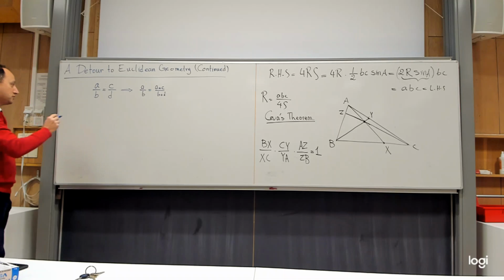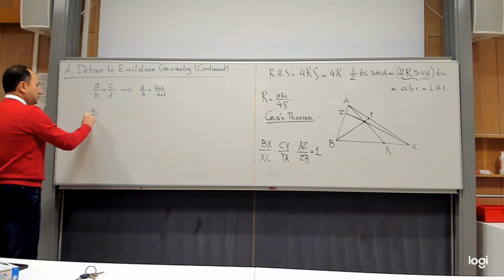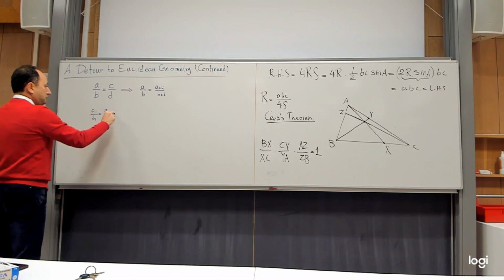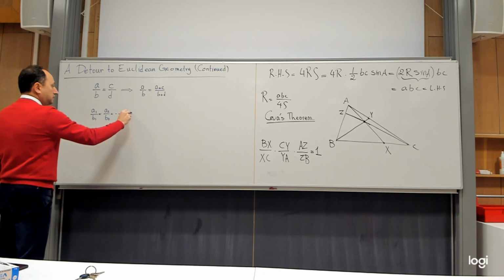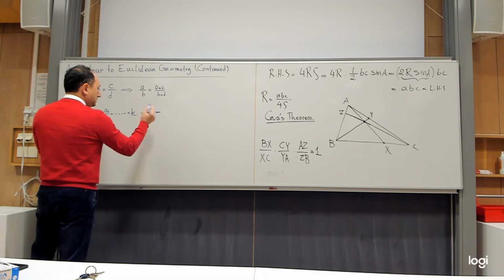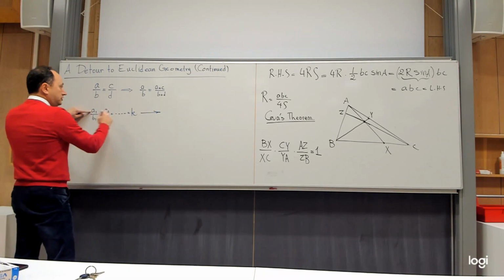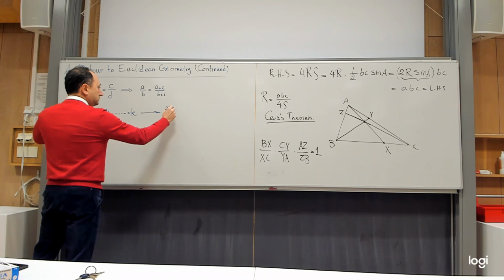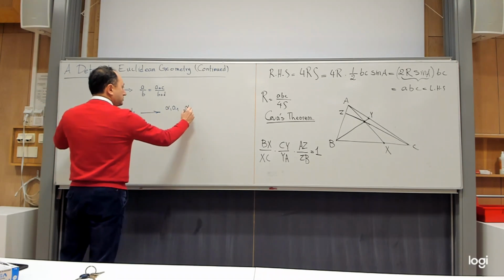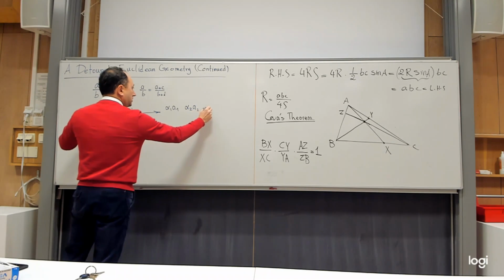Do you remember I told you that if you have A1 over B1, A2 over B2, up to, and all of them are equal to some number K, if you want to, you can multiply the first number by alpha 1, you can multiply the second number by alpha 2, and then you can continue.